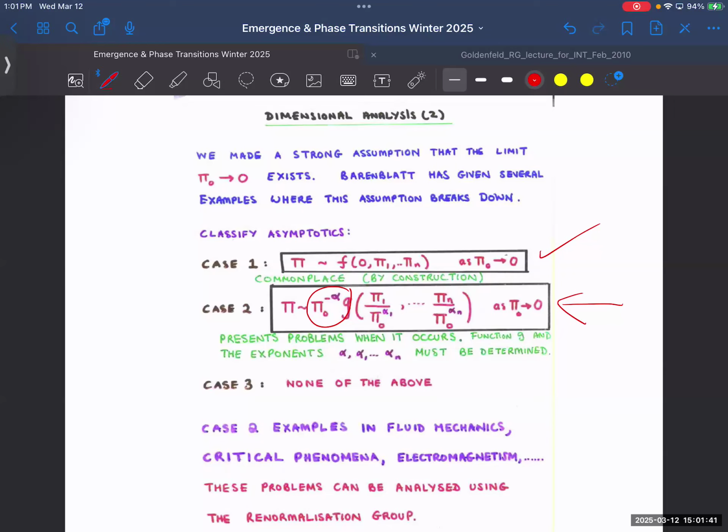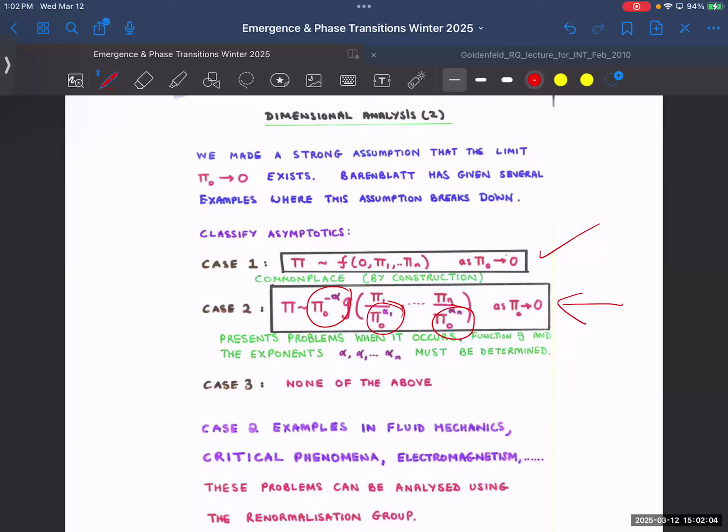So if alpha is positive, then as pi 0 goes to 0, this thing goes to infinity. If alpha is negative, it goes to 0. So the only way to get a non-zero function is that there is some special balance between this pi naught outside and the pi naught inside, just as we saw with Widom scaling and Kadanoff scaling in phase transitions. And that's called type 2 asymptotics.